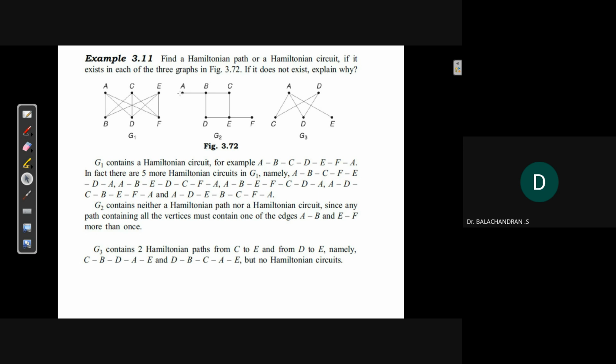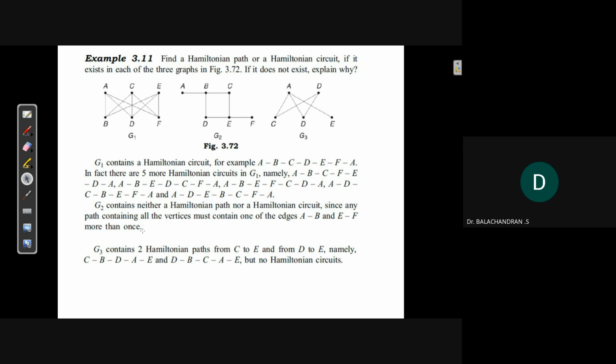Suppose I start from A, B, C, E, F. If I want to come to D again, I should cross E. Suppose I come A to B, B to D, E, F. Again, if I want to come to C, I need to cross E. Here they are telling: any path containing all the vertices must contain one of the edges, either AB or EF, more than once.